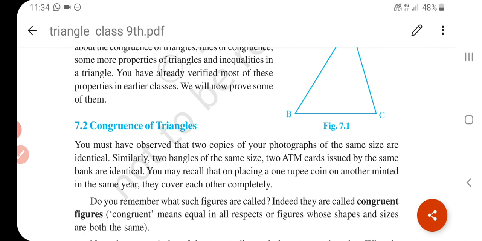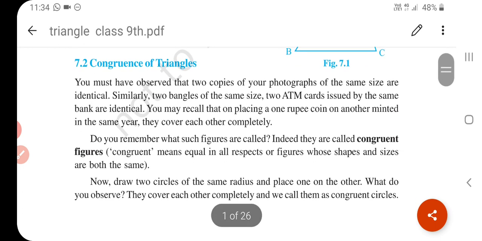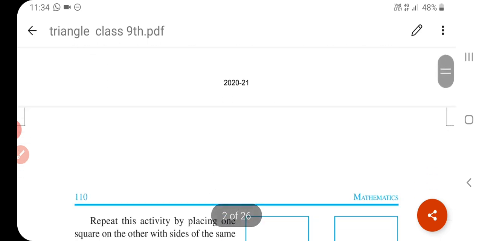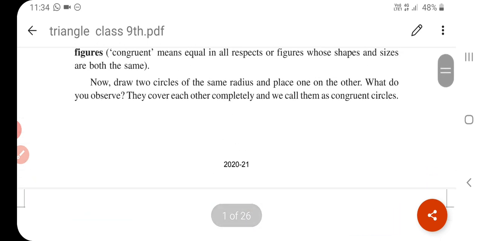We have to check this with the help of tracing paper. How to find whether two circles are congruent? If the radius of the circles is the same, then the two circles are congruent to each other. Alternatively, we may cut out one figure and place it over the other.